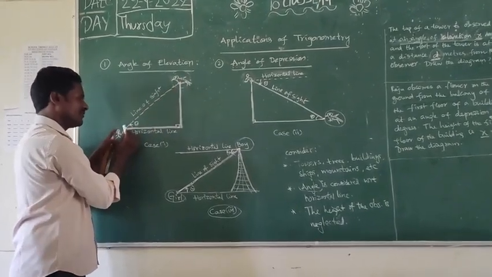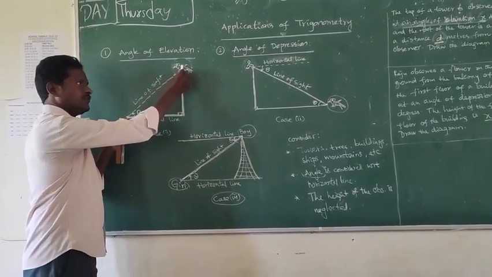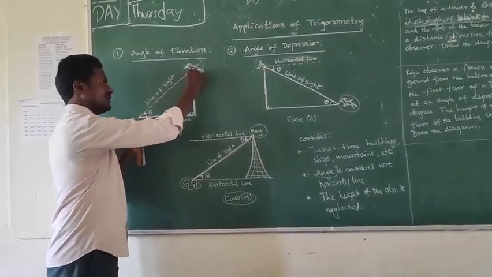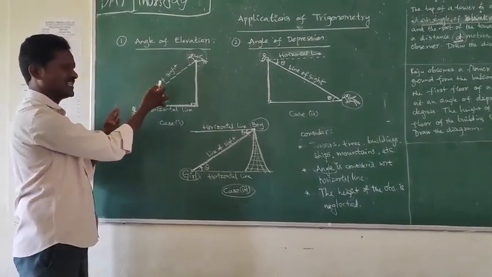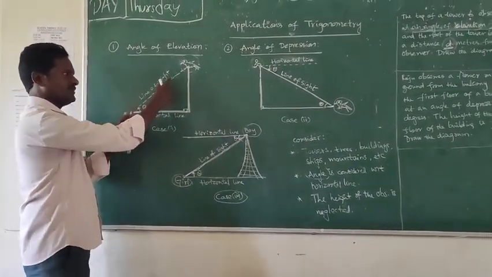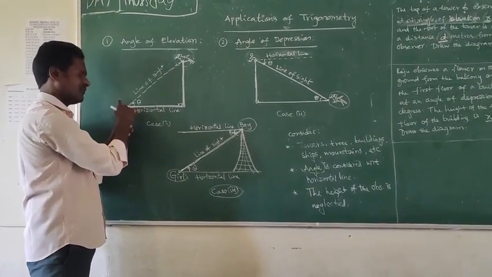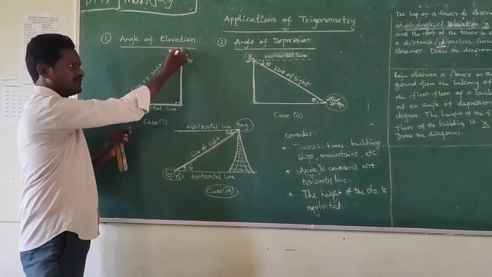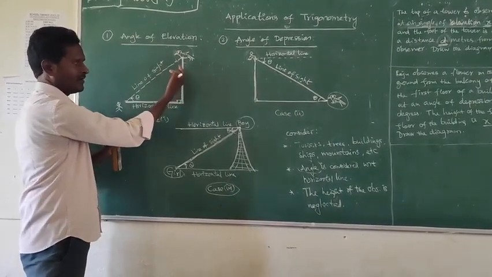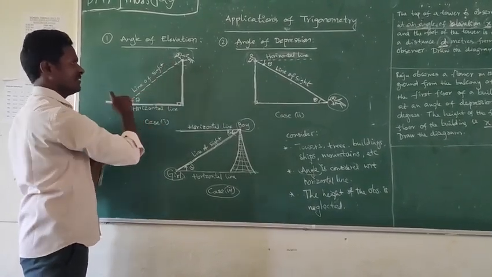If you draw a line through his eye to the bird, we will get this line. So this line is line of sight. The line of sight means a line which joins the eye of the person or eye of the observer to the object which is top of the tree or tower. So here this is a line of sight.